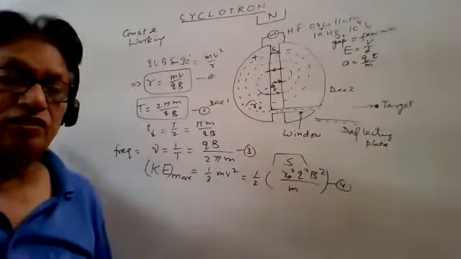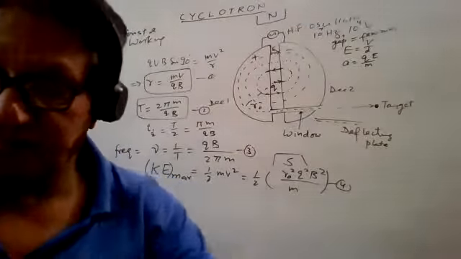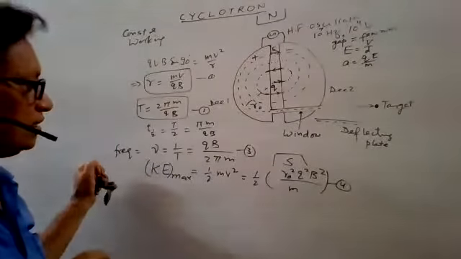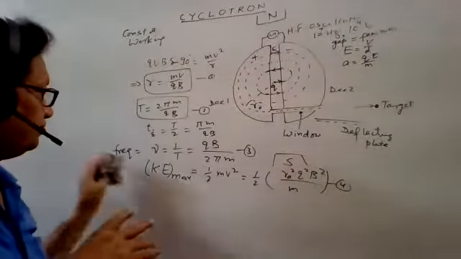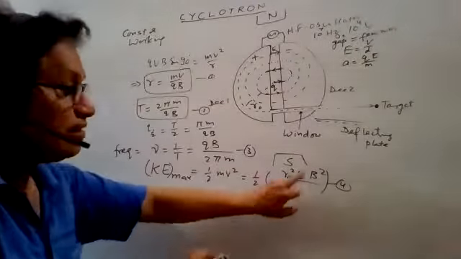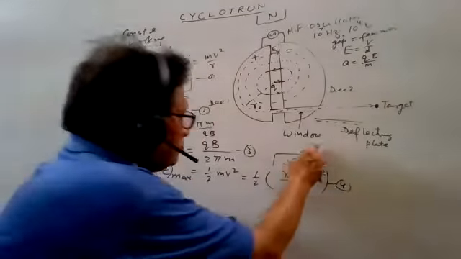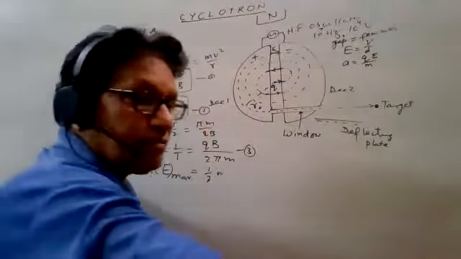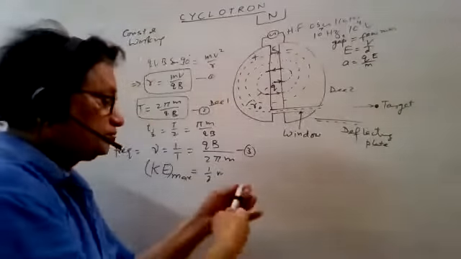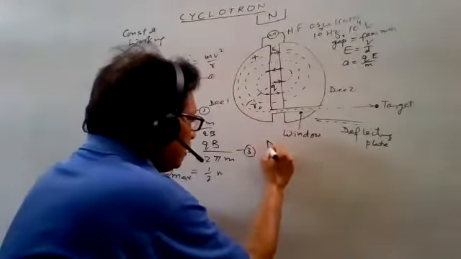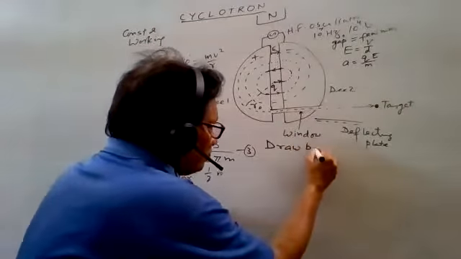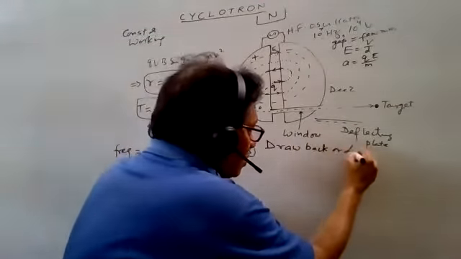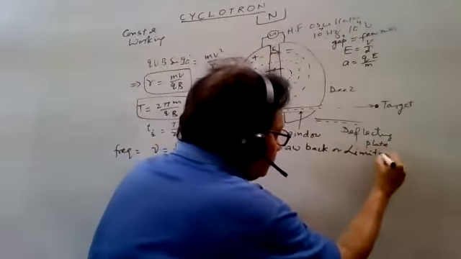Okay. Now, what was the drawback? So we are discussing the drawback. I'm rubbing this, if you have noted down. Now let us discuss here what is the drawback or limitation of cyclotron.